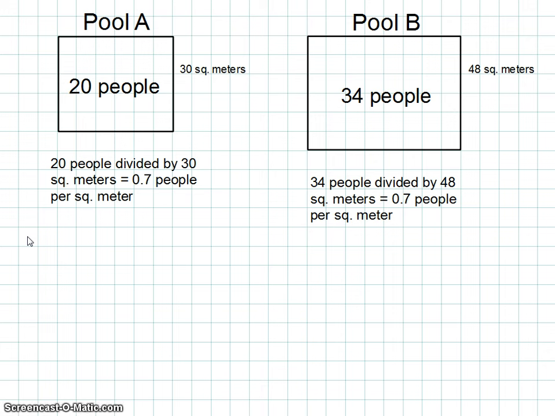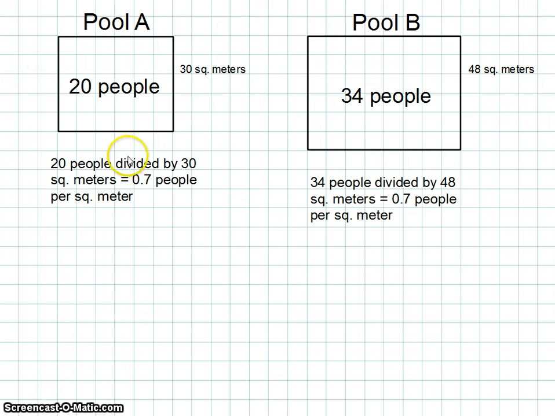And one way we tried was to find how many people per square meter each swimming pool would have if the total number of people for each swimming pool was divided equally into each of the square meter areas.